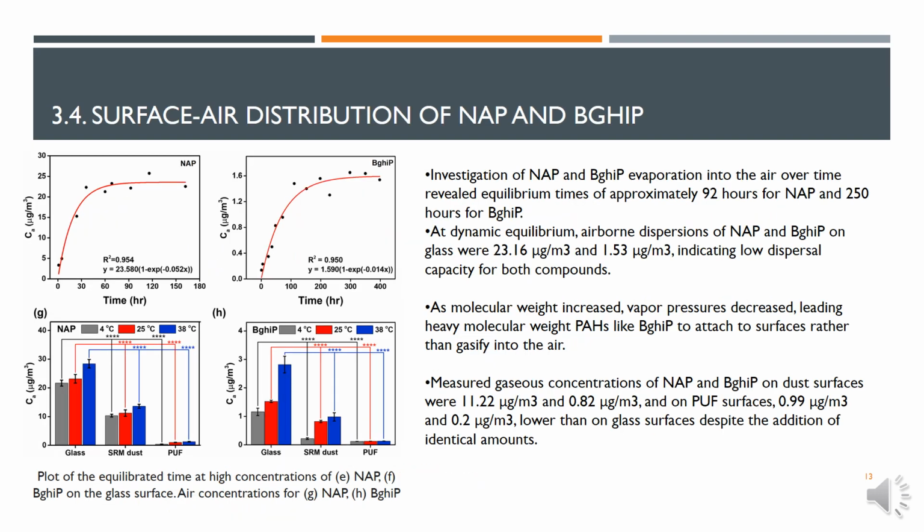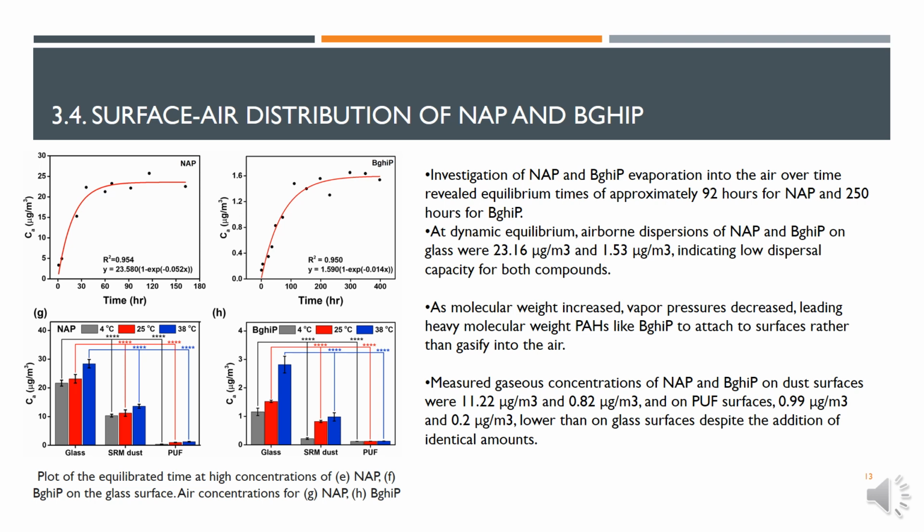In our investigation of naphthalene and benzopyrene evaporation over time, we found that the minimum times required for naphthalene and benzopyrene to reach dynamic equilibrium were approximately 92 hours and 250 hours, respectively, due to benzopyrene's larger molecular weight.